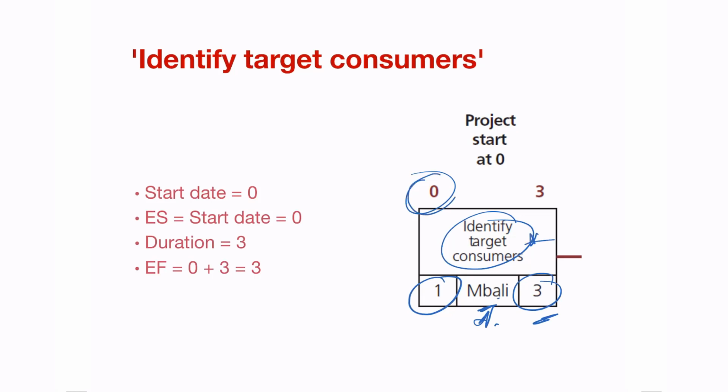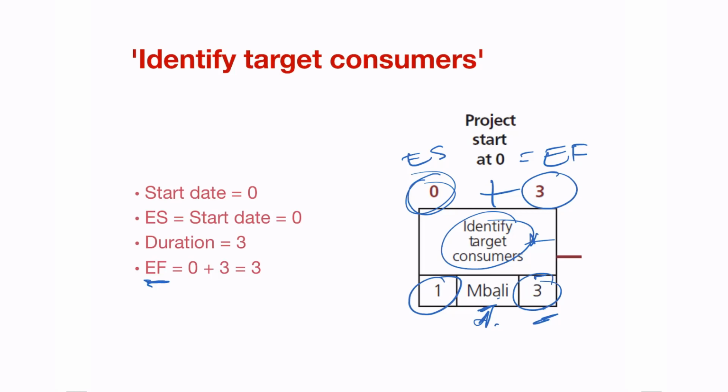So we start on day 0. It takes 3 days to complete, which means that the earliest the activity can finish, EF, is 0 plus 3, early start plus activity duration, which gives you the earliest time that the activity can finish.